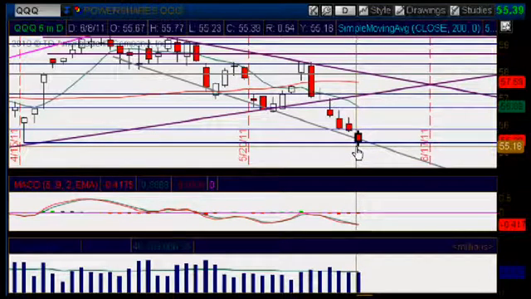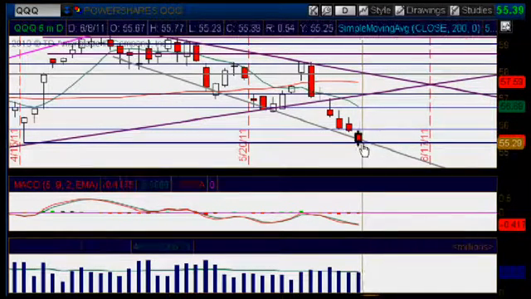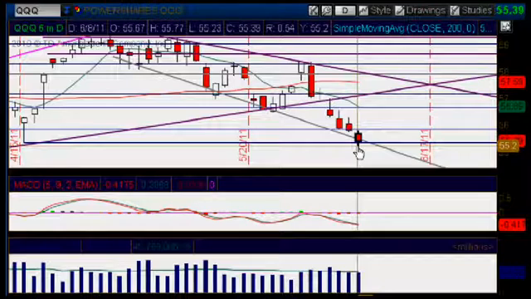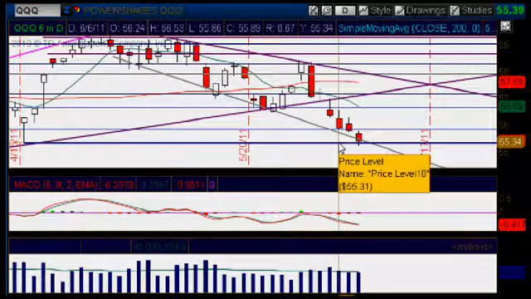We found a low here at the 55.23 mark, and then we pulled back up. We bounced off of that low of 55.23, and then we closed higher. We closed slightly above the 55.30 mark.